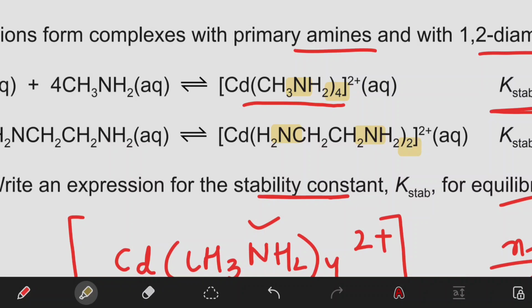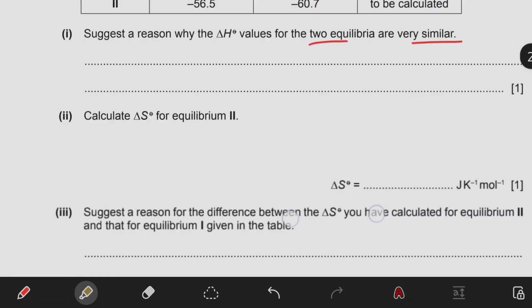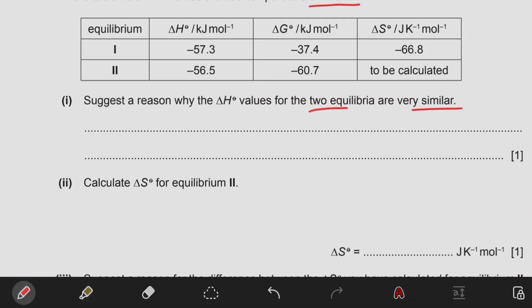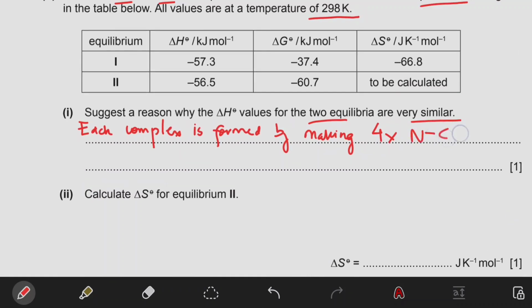So you can see that by making 4 nitrogen cadmium bonds, right?